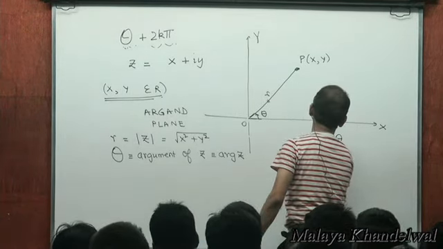So the complex number z is x plus iy, which is r cos theta plus i sin theta. This is called the polar representation of the complex number z.